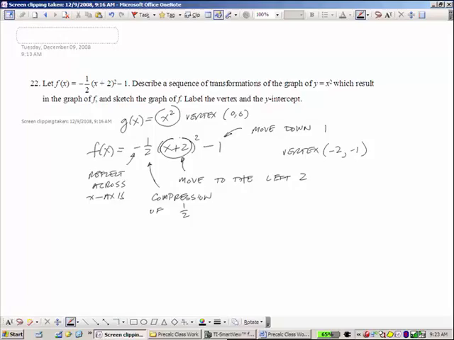Yeah. So there was a teacher a while back who had the students refer to anything that happened in the parentheses as bizarro world. Everything happens not like you'd think.